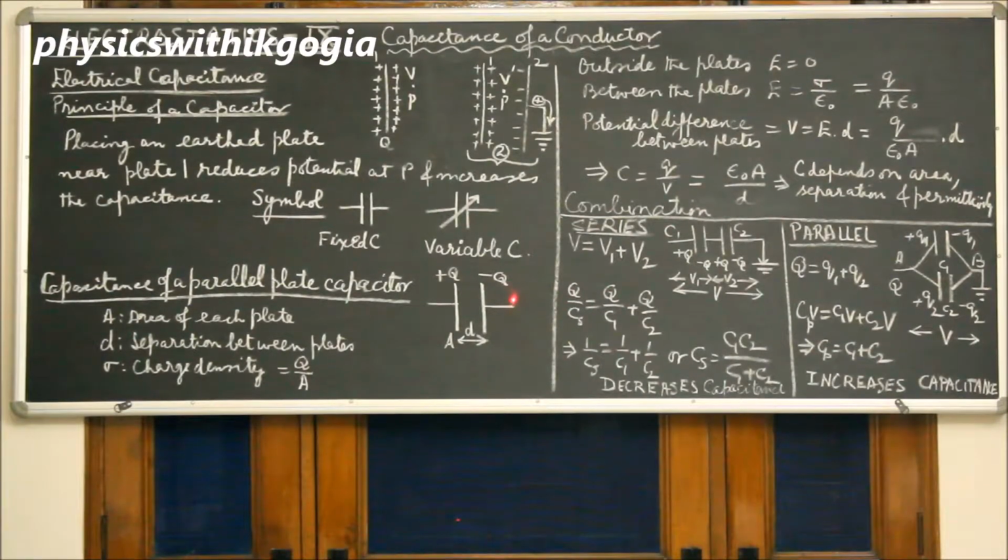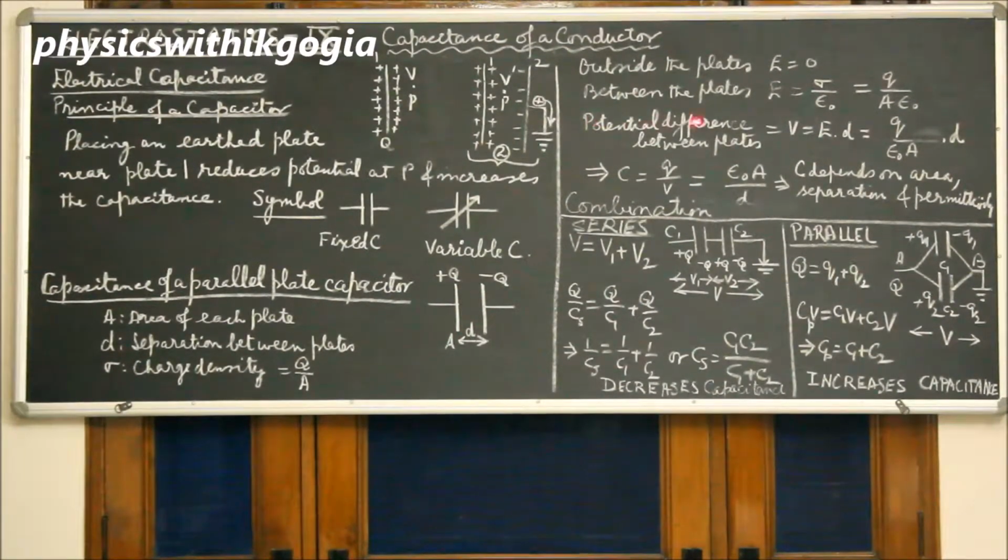Why? Because if you take a point to the right, this plate will develop a field towards the left. The positive plate develops an equal field towards the right. Therefore, the field at points outside the plates will always be 0, being equal and opposite due to the two plates.